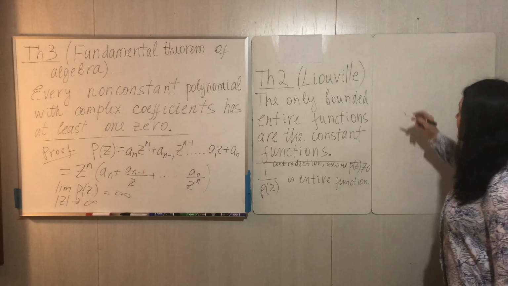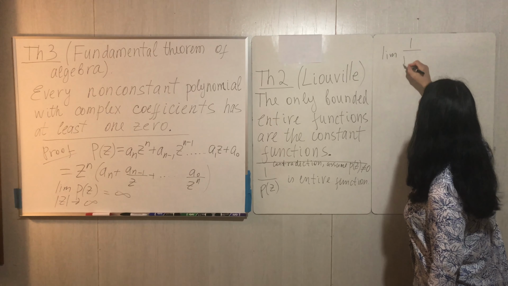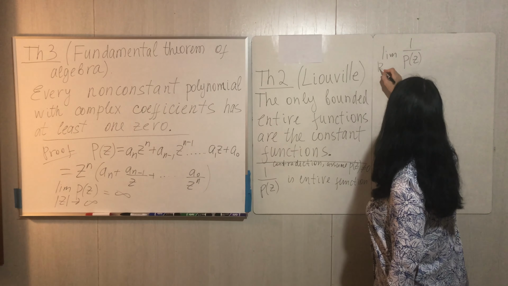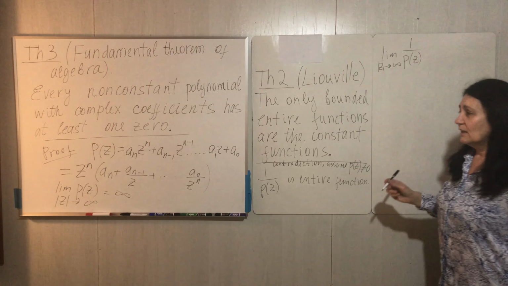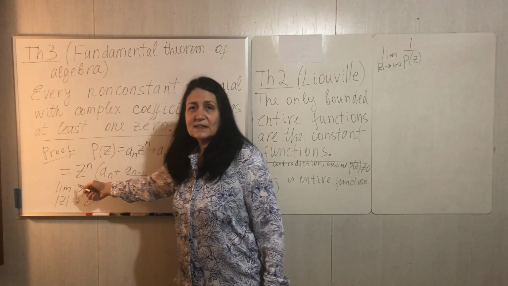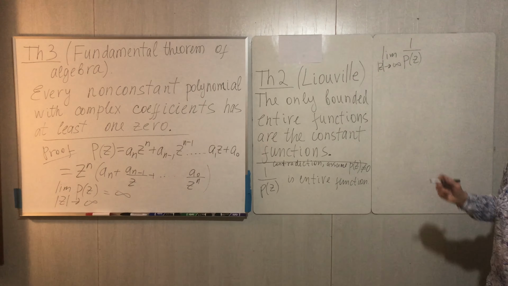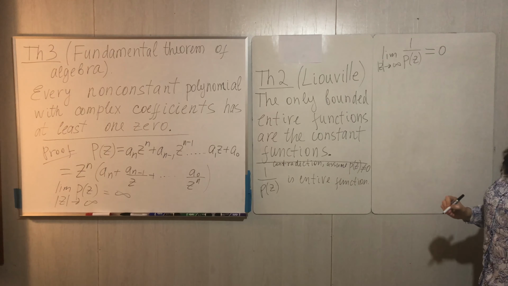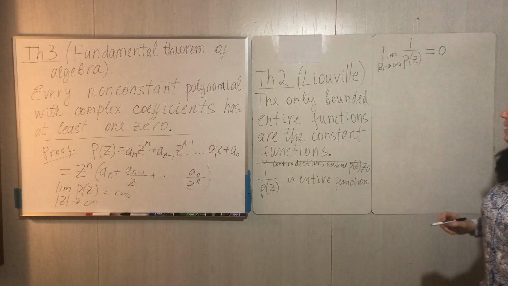What would be the limit of 1 over p of z when the modulus of z approaches infinity? If p of z goes to infinity, then 1 over p of z will go to 0.